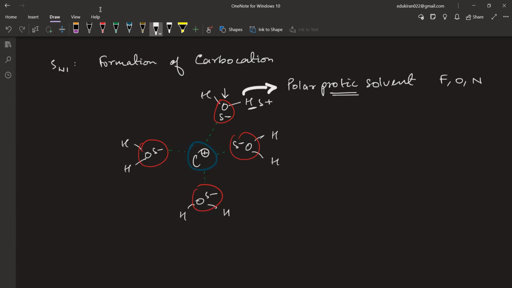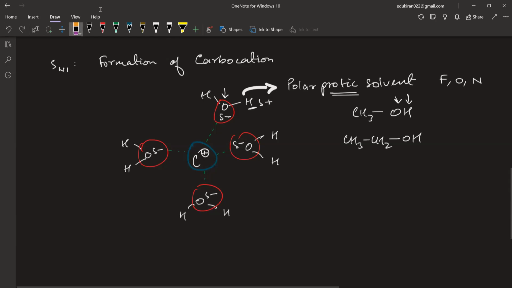Other examples of polar protic solvent will be CH3OH, methanol, CH3CH2OH. So all of these are examples of polar protic. You can see that hydrogen is connected to an electronegative atom. Another example will be acetonitrile, in which you will have CH3CN. So these are examples of polar protic.